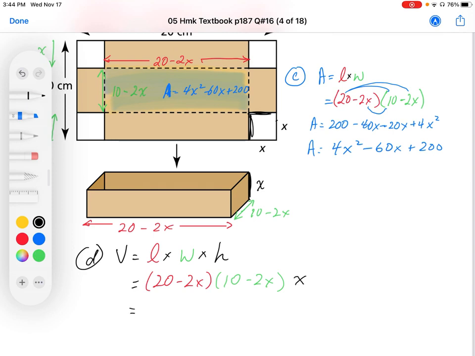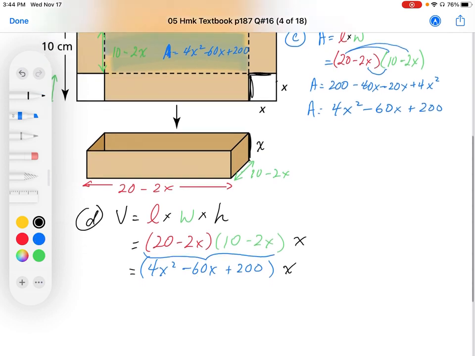I've already done this multiplication. Length times width really is the area, which was 4x squared minus 60x plus 200. And I need to multiply that by the height, which is x. When I distribute this all out, my volume is 4x cubed minus 60x squared plus 200x, and that polynomial represents the volume expression. So volume is equal to that.